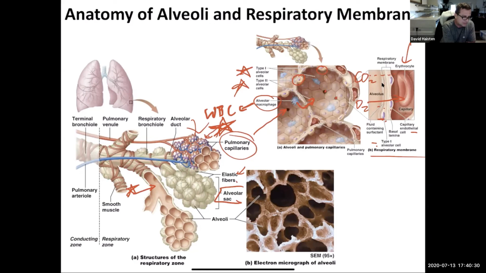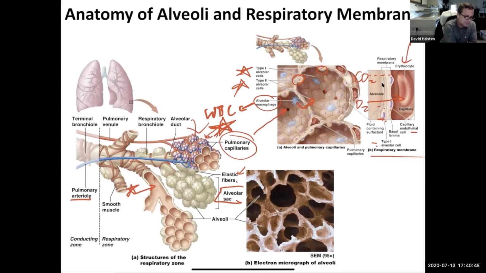So guess what's moving down in blue into the pulmonary capillary bed? A pulmonary arteriole. Pulmonary arteriole into the pulmonary capillaries, bringing deoxygenated blood to get filled with oxygen.